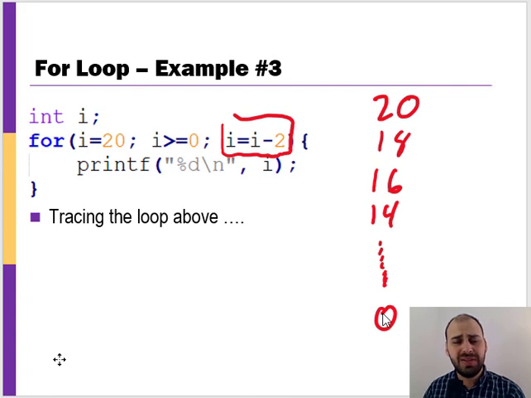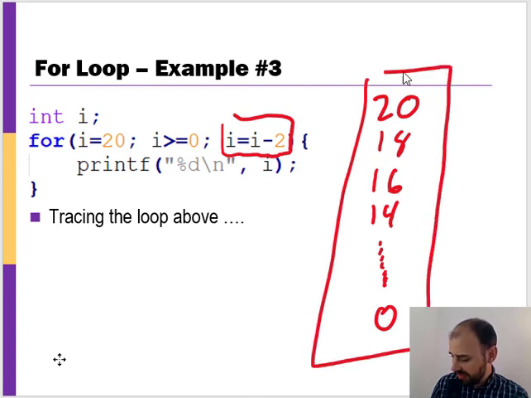If I is 0, and we ask is 0 greater than or equal to 0, well, that's true because they're equal. And at the end of this loop, this is what we print to the screen. But at the end of this loop, what's the value of I? The value of I is actually -2, because that's the time when this loop fails. We say -2 greater than or equal to 0? That's false. We leave the loop.